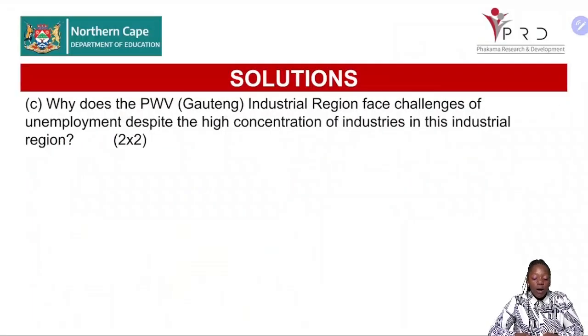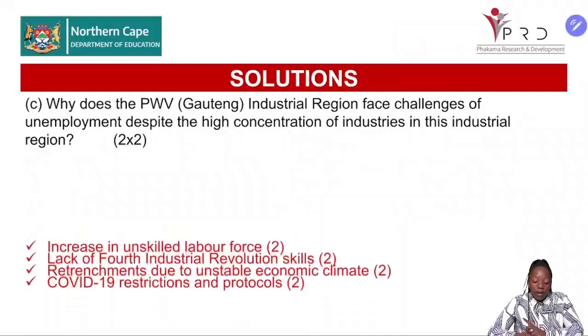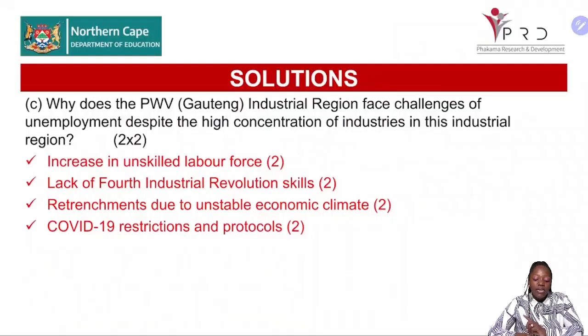At C, why does the PWV industrial region face challenges of unemployment despite the high concentration of industries in this region? So, number one, we're looking at the increase in unskilled labor force.